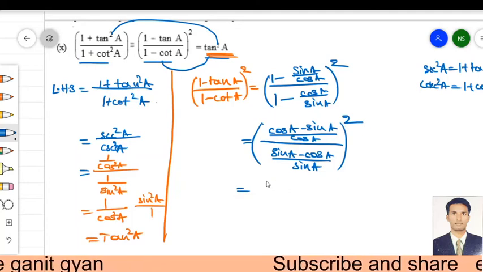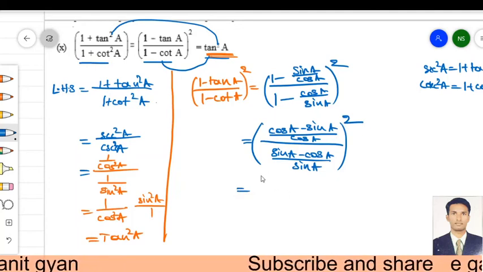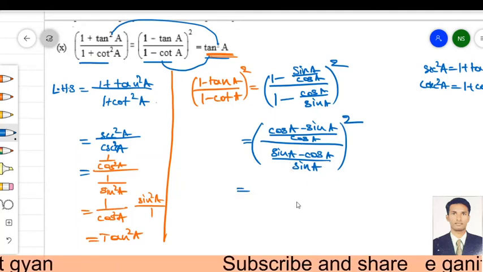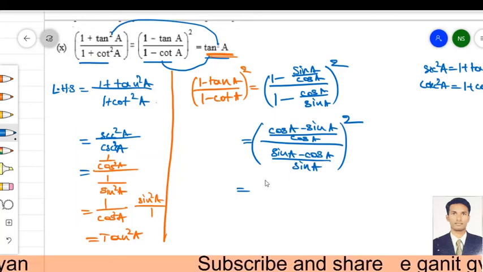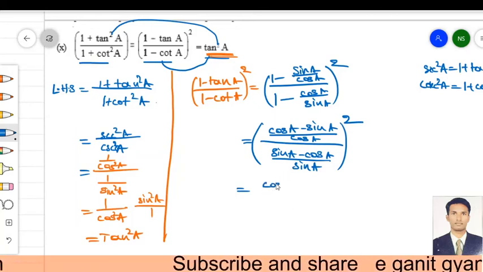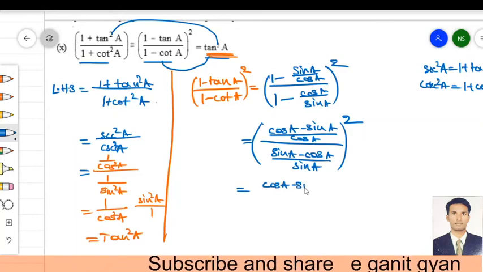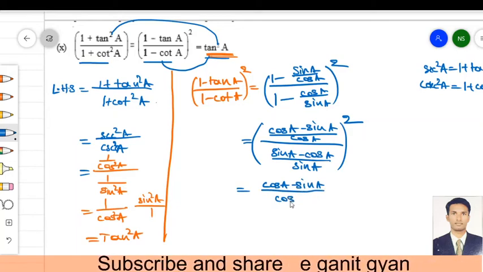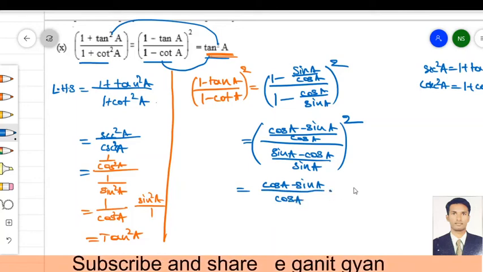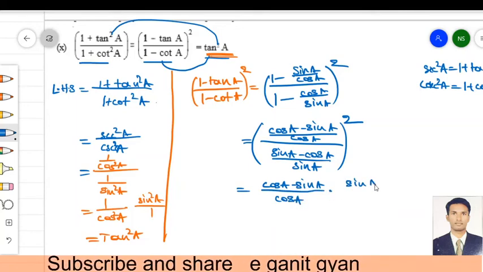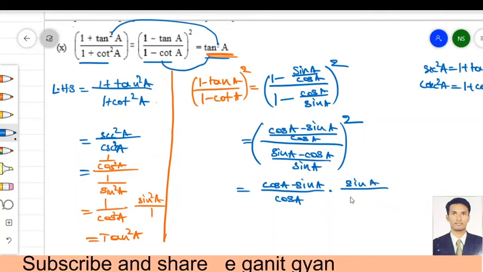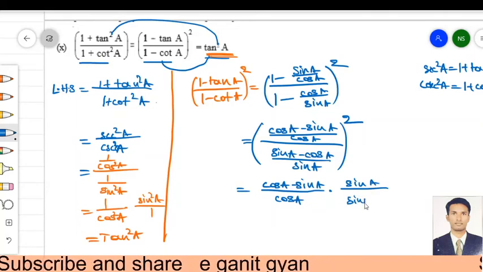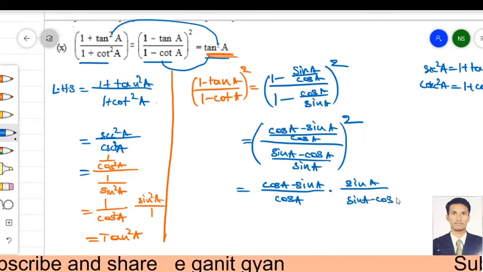So this thing we can write as cos a minus sin a by cos a into sin a divided by sin a minus cos a.